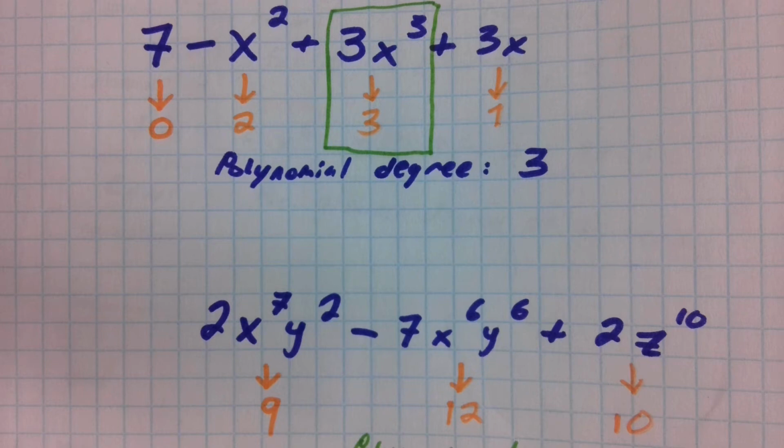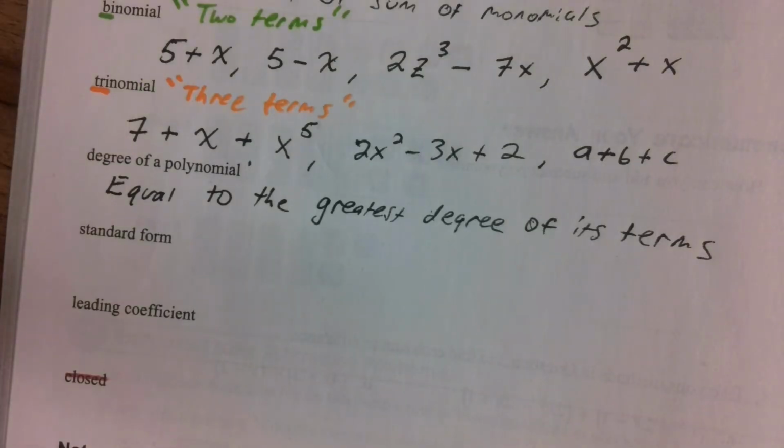Instead, we'd like to rearrange our polynomials before we write them down so that it'd be easy for anybody in the future to determine what the degree is. We call this order standard form. And a polynomial in standard form is as follows.